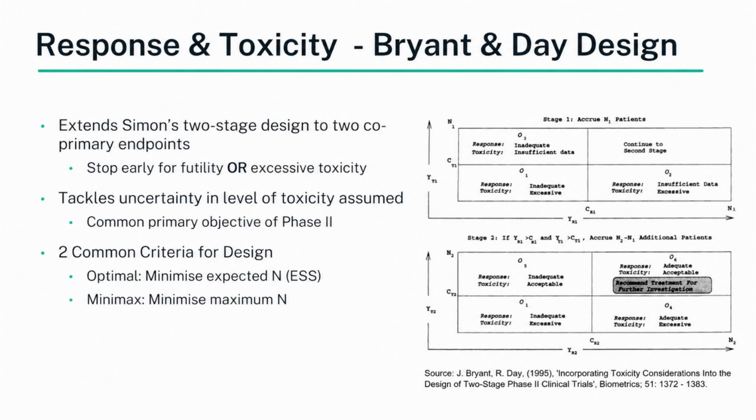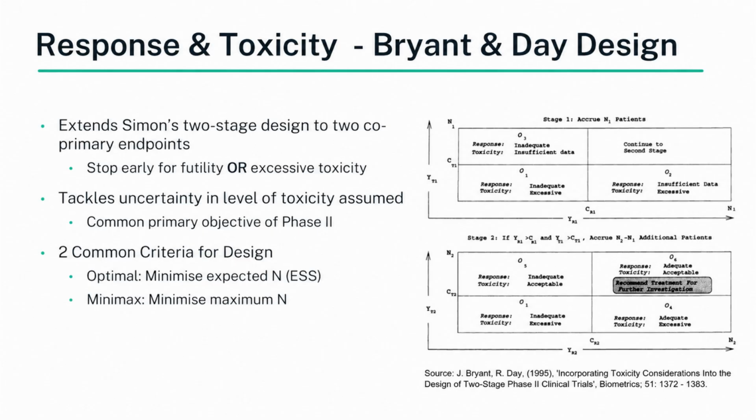So on the right here, we see the layout of this design, which is shown from the original paper by Bryant and Day. So this looks a little bit more complex than it actually is. Basically, there are 6 possible outcomes from the trial. So at the end of the first stage, the trial may be stopped for futility, for toxicity, or for both.